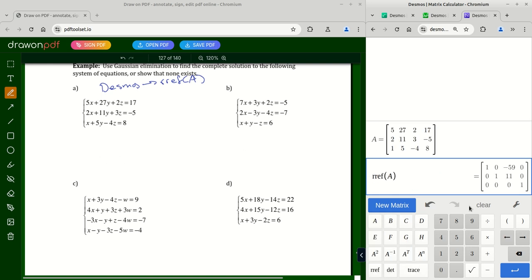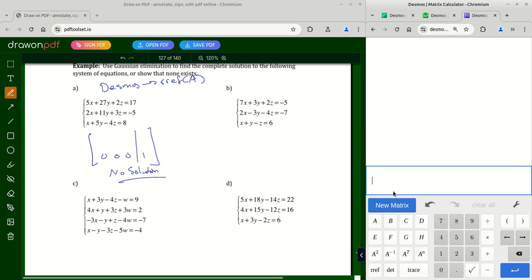Notice that here we got zeros and then a 1. No solution. 0, 0, 0, 1. No solution. I don't even care what the other numbers are. You're done. It's not too bad. Let's do it again.